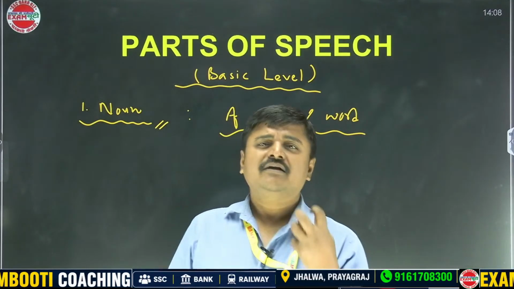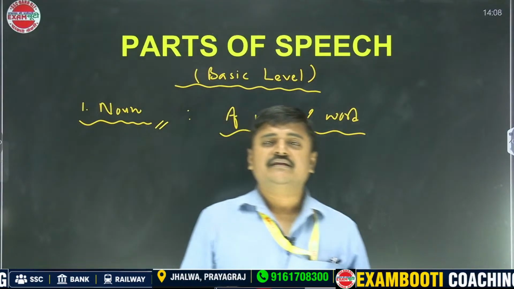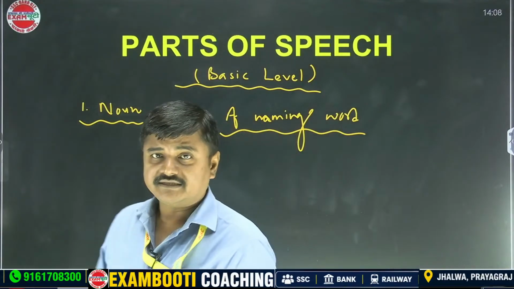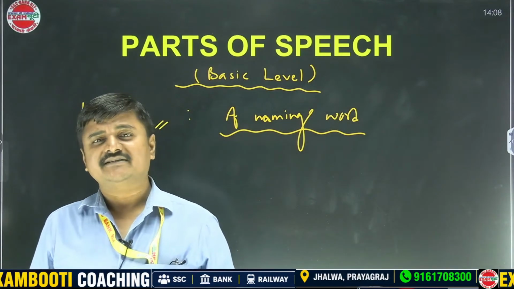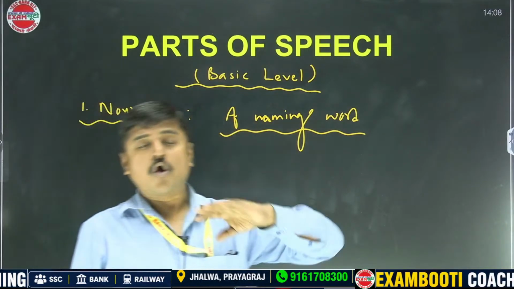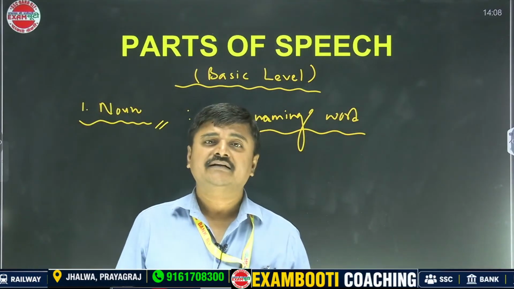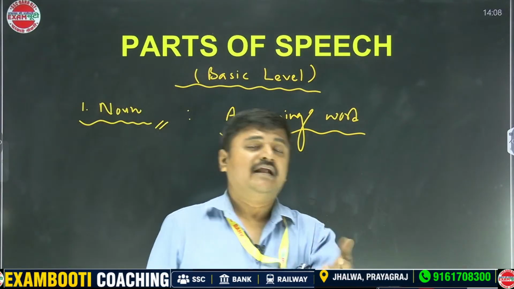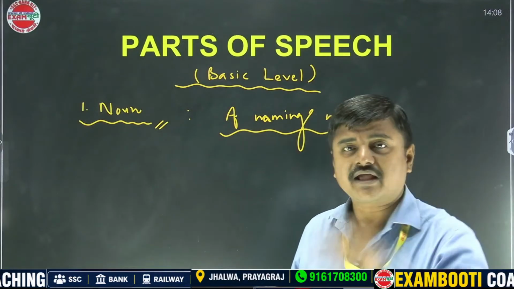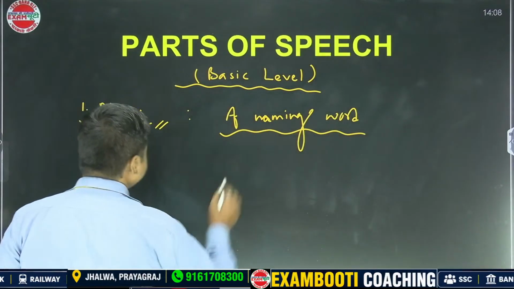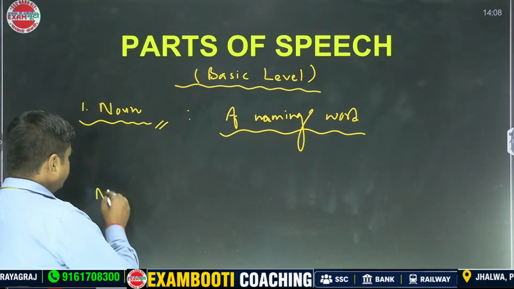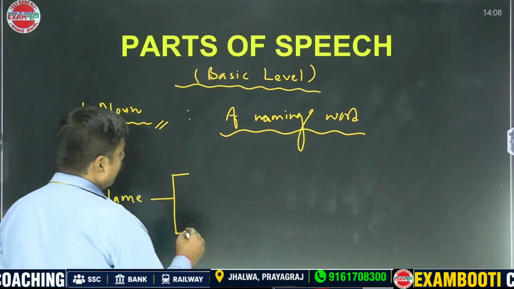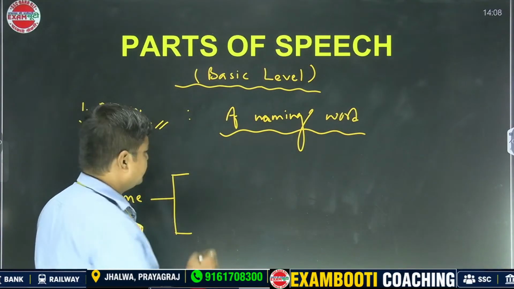So when we speak broadly, in a wide sense, nouns are considered in just two categories: concrete noun and abstract noun, tangible noun and intangible noun. So noun is a naming word, and when we categorize them, we find two broad categories.